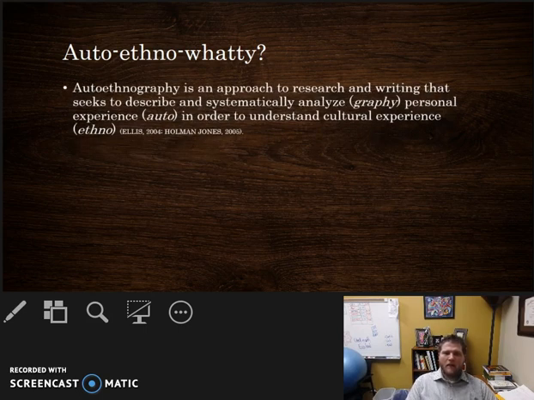It's an approach to research. Okay, now I know that you're not doing professor or grad student level research, but you are doing student level research. You're doing student level writing, and it's extremely important. And so I want to introduce this method as an effective method for us to get at intrapersonal communication, okay?